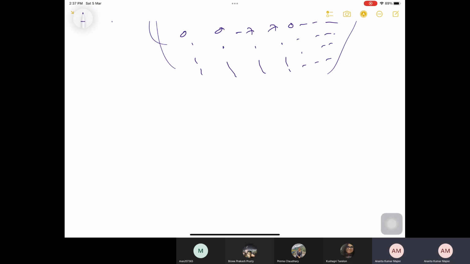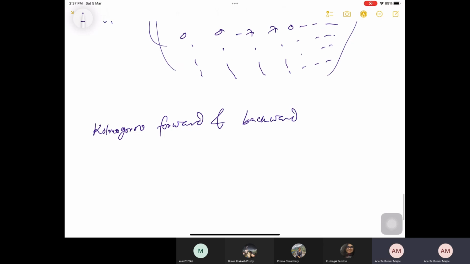So here I will use my Chapman-Kolmogorov equation. In particular, this is the Kolmogorov forward and backward equation.